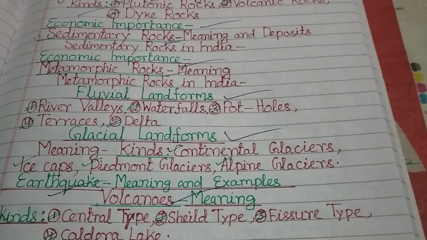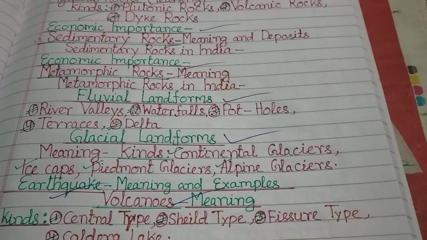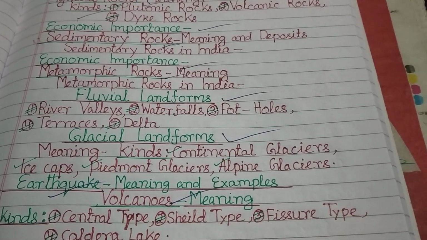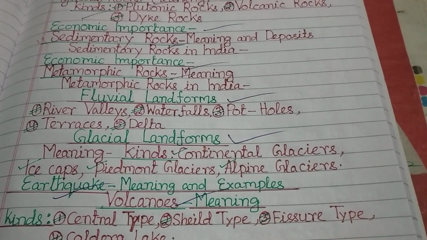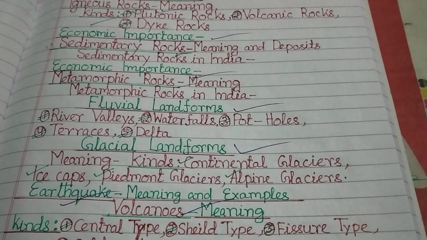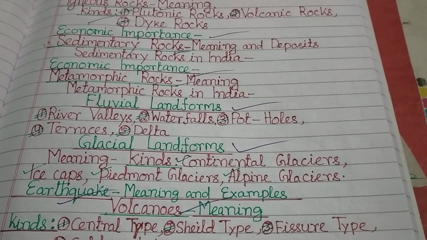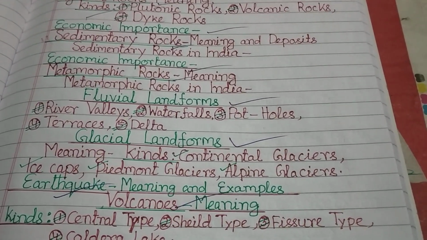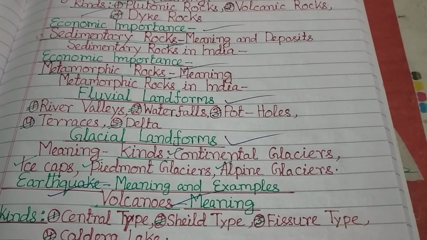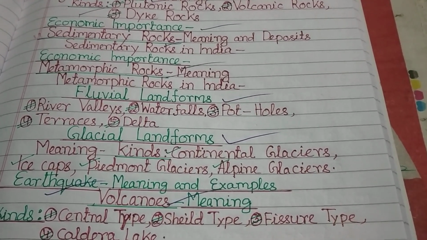These rocks appear on the surface only after being uplifted and denuded. And the second one is the volcanic rocks, named after Vulcan, the Roman god of fire.